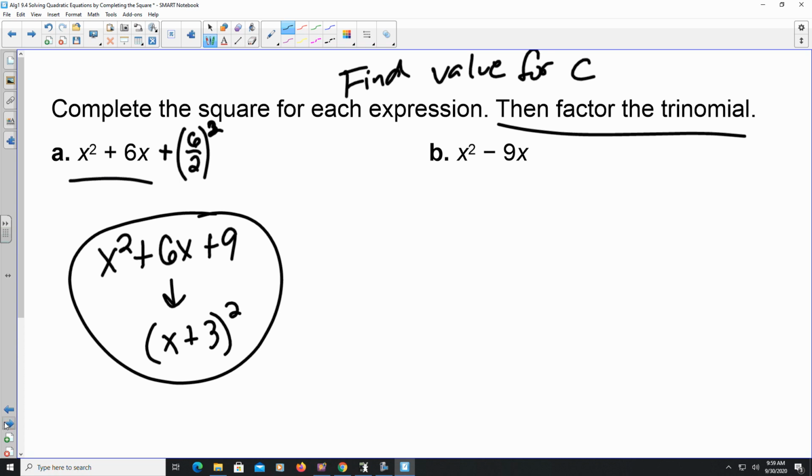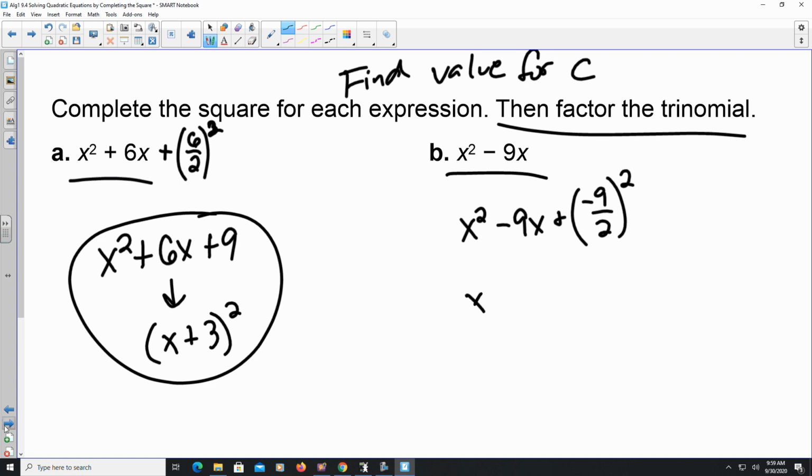If we look at example b, x squared minus 9x, now I have x squared minus 9x plus, in parentheses, negative 9 over 2 quantity squared. Negative 9 divided by 2 is negative 4.5. Square that and you get 20 and a quarter, 20.25.